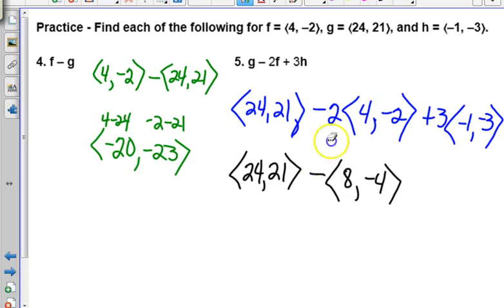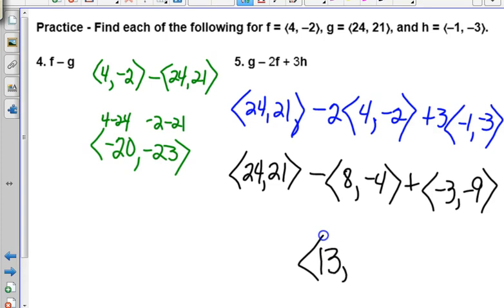I didn't distribute the negative, I just left the negative out there. And this one is 3 times as long. And then we're going back this and forward this. So 24 minus 8 would be 16, and -3 is 13. Did I do that right, anybody? Yes? No? And then 21 minus -4 would be 25. The plus minus 9 is 16.